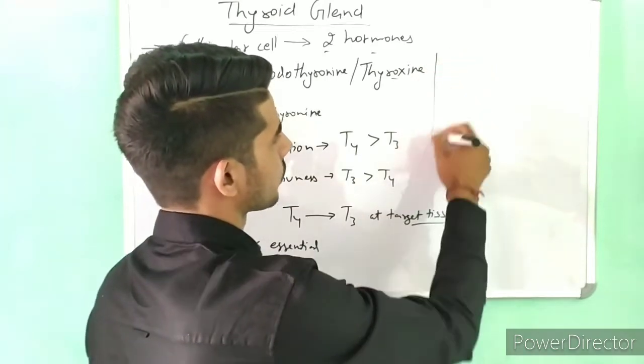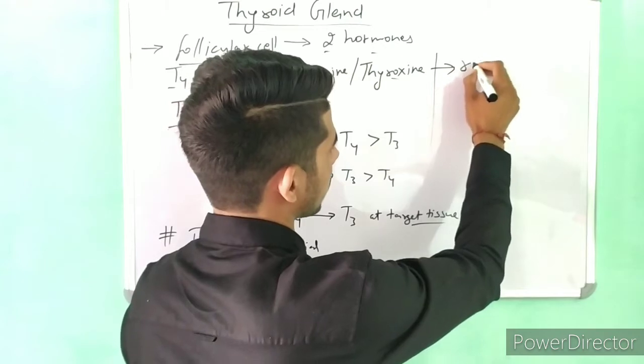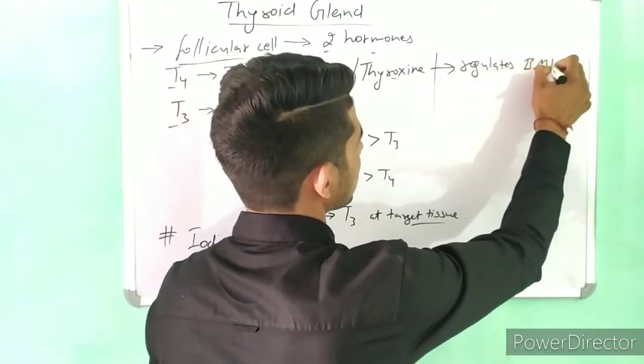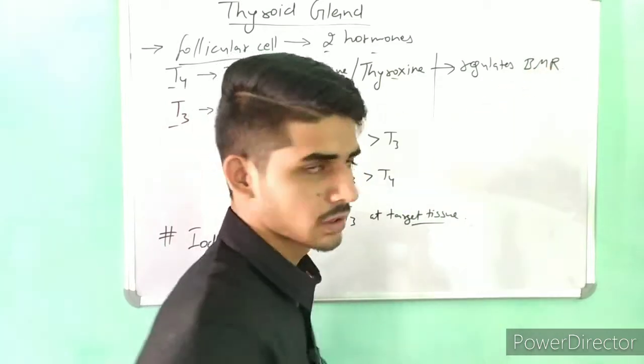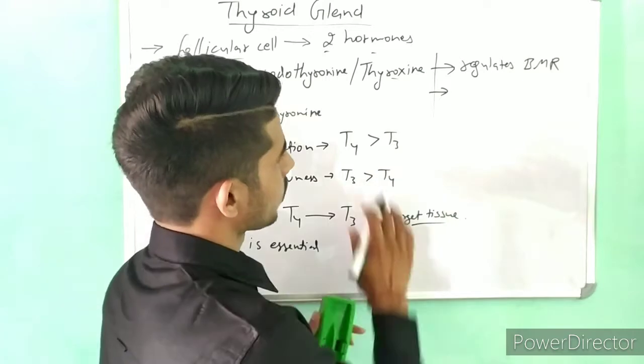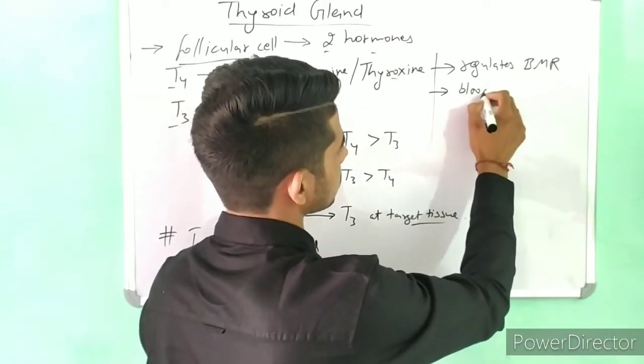Now the other functions of thyroxine are: the thyroxine hormone regulates the BMR. BMR means basal metabolic rate, which regulates the metabolism. And thyroxine also promotes blood formation.